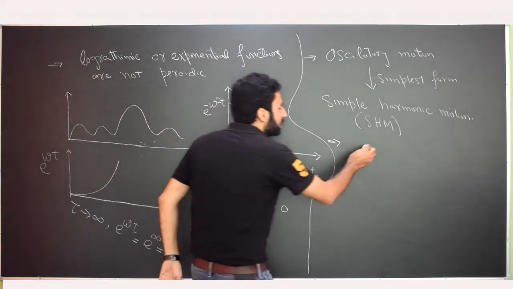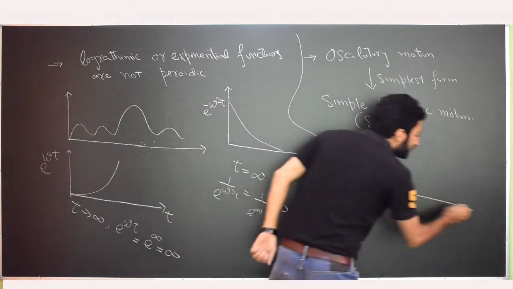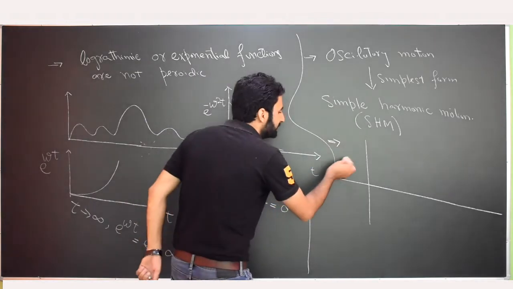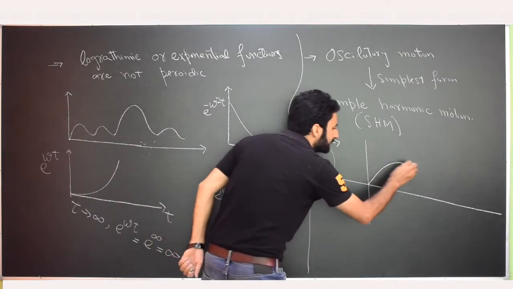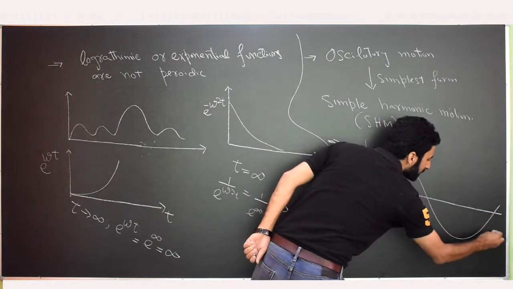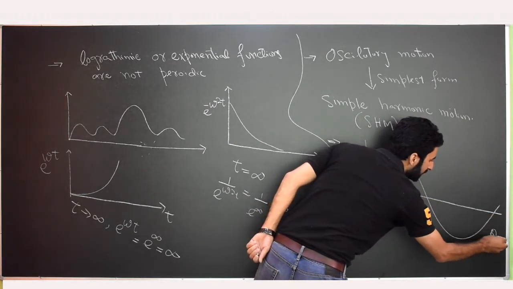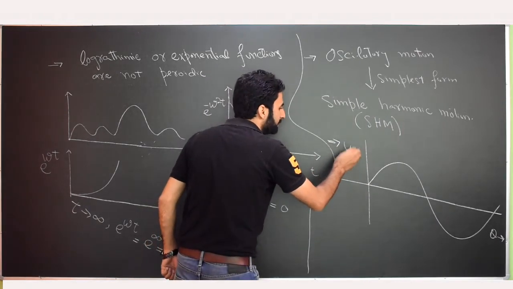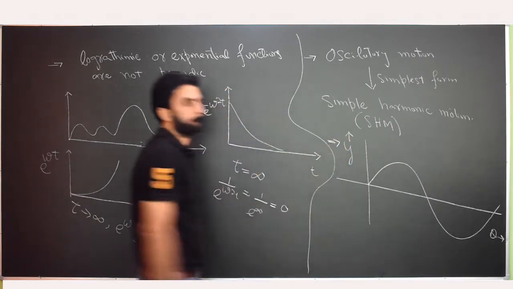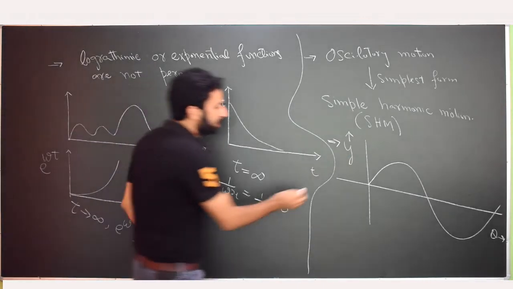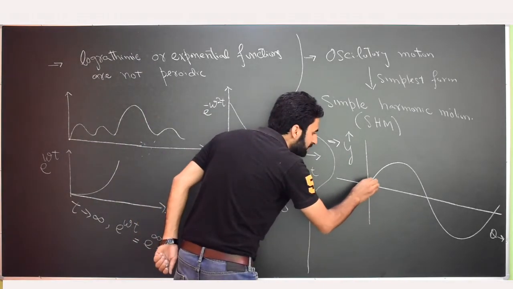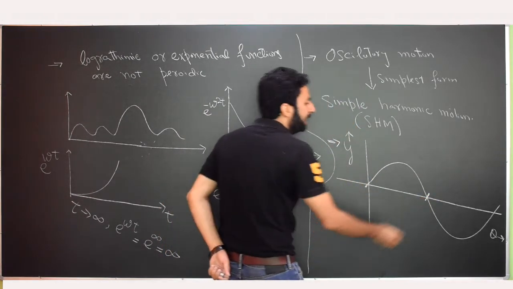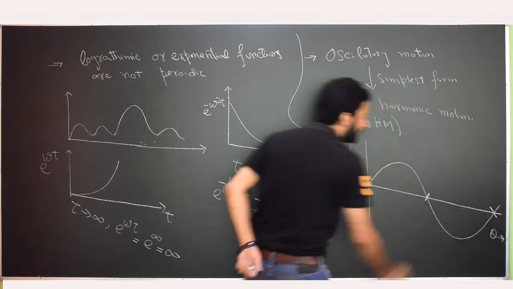But before that, let's take some periodic function or some type of oscillation and represent it by a sine curve. Let's suppose this is theta, and this is some physical quantity, let's call it y. The motion starts from here, completes half the oscillation here, and the full cycle is completed here.